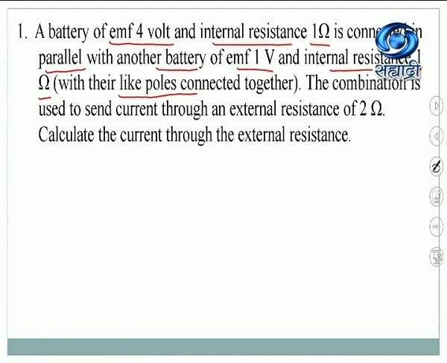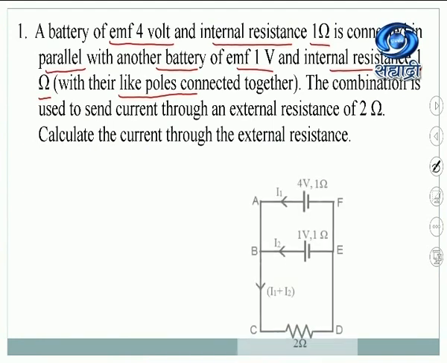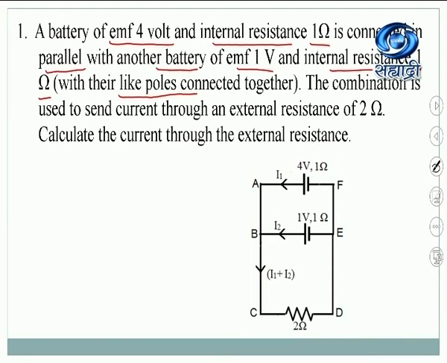Okay, the combination, what is this? EMF 4 volt, internal resistance 1 ohm, that is one battery connected in parallel with another battery having EMF 1 volt and internal resistance 1 ohm. How are they connected? Like poles together. See here, positive is connected to positive, negative is connected to negative.